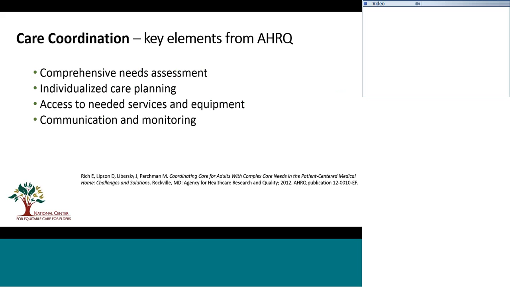According to the Agency for Healthcare Research and Quality, they've identified key elements in care coordination. There should be a comprehensive needs assessment of the patient, as well as of the healthcare organization, in terms of the services they have available, the key partners, and identifying community resources or specialists that can be brought into the comprehensive care plan.